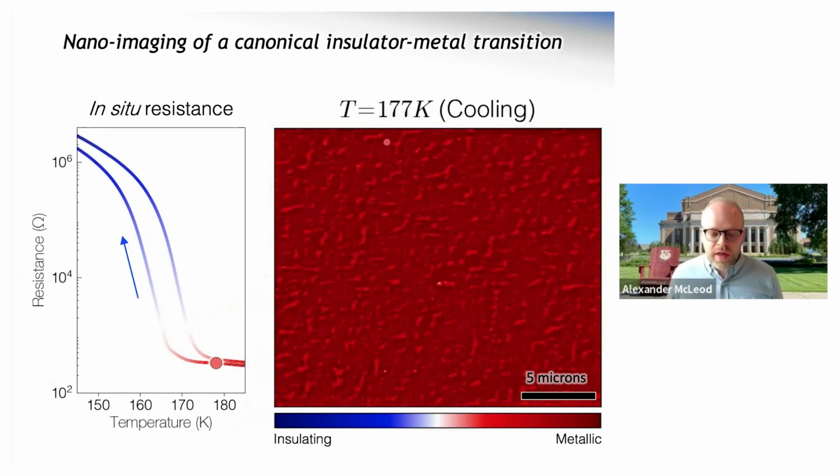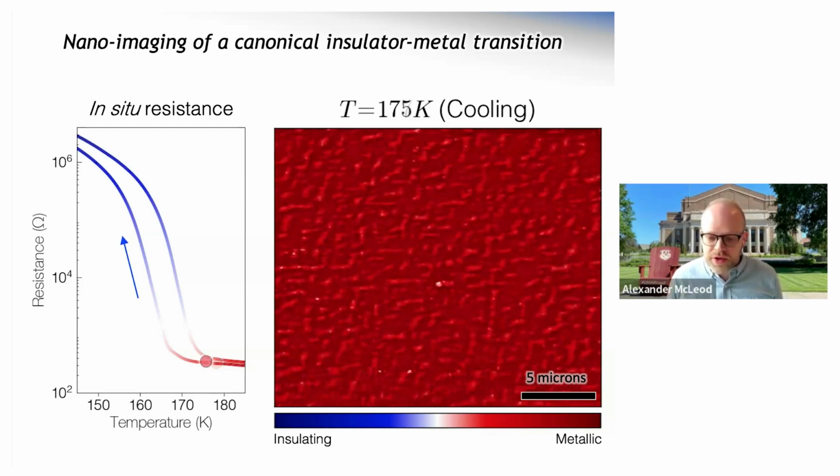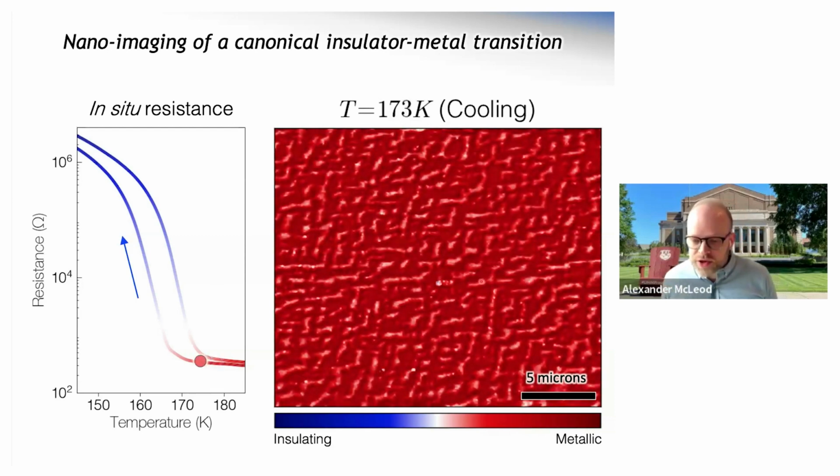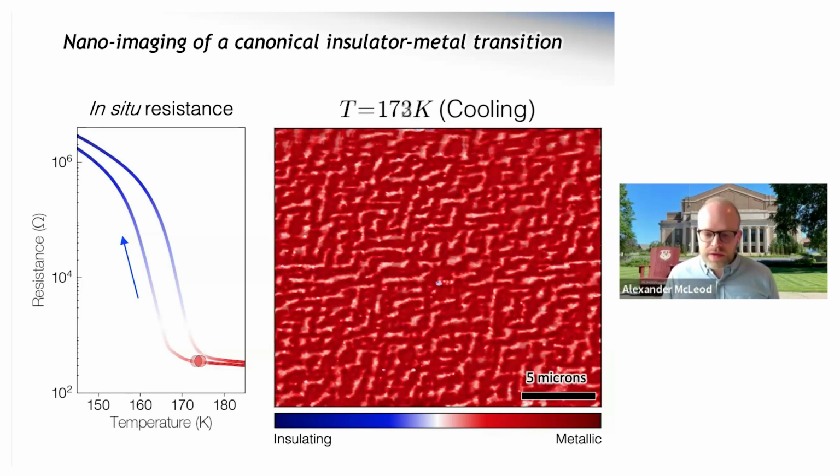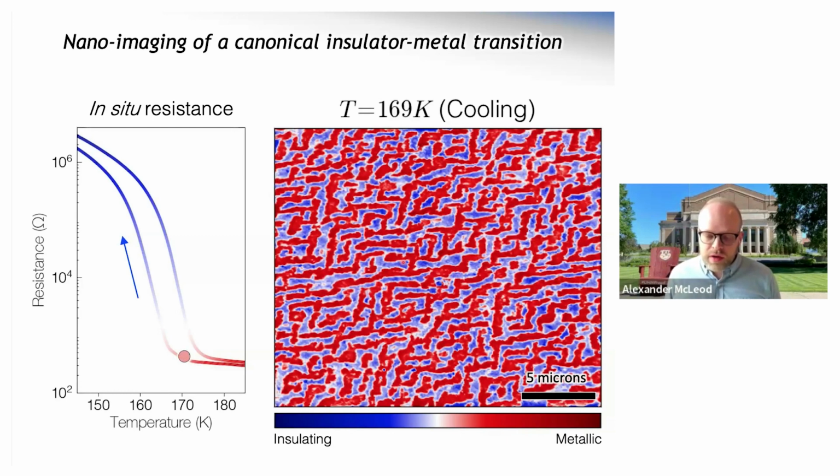And as we start cooling this down, let's say to 170 Kelvin, so that's 100 degrees Celsius below room temperature, we begin to see something interesting happen: we're triggering the phase transition in this material. And the phase transition happens first in small little regions, and then these small regions that have lower conductivity begin to grow and then connect to each other, sort of eating away at the metallic phase.